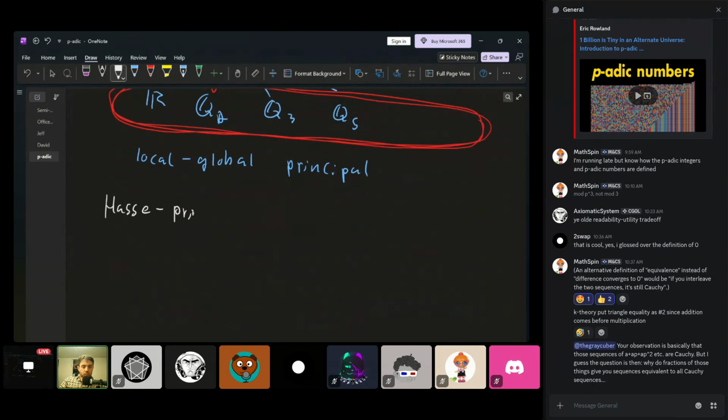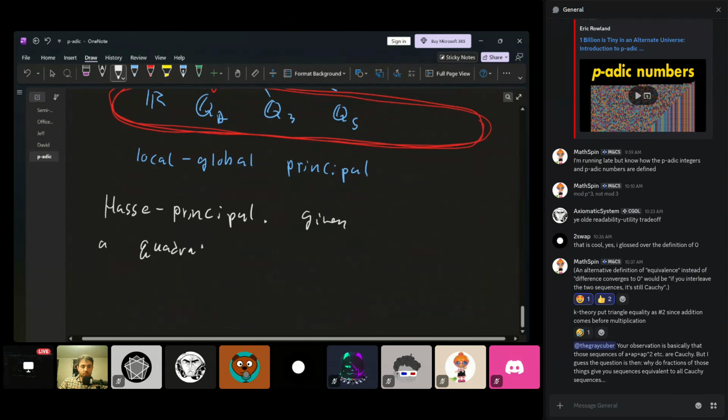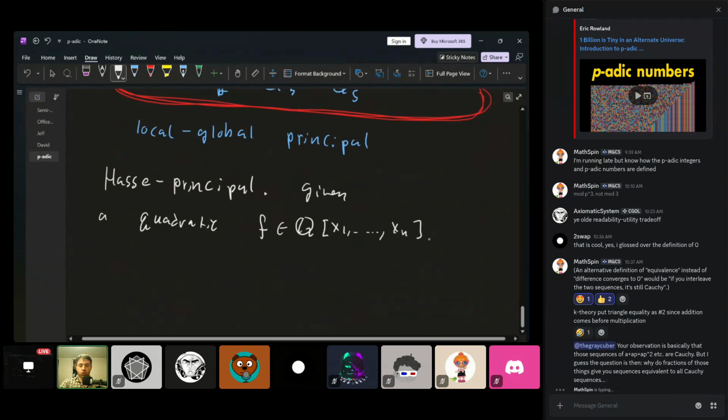What this theorem says is, given a quadratic form. So this is a polynomial with rational coefficients in finitely many variables, but it's quadratic, right?